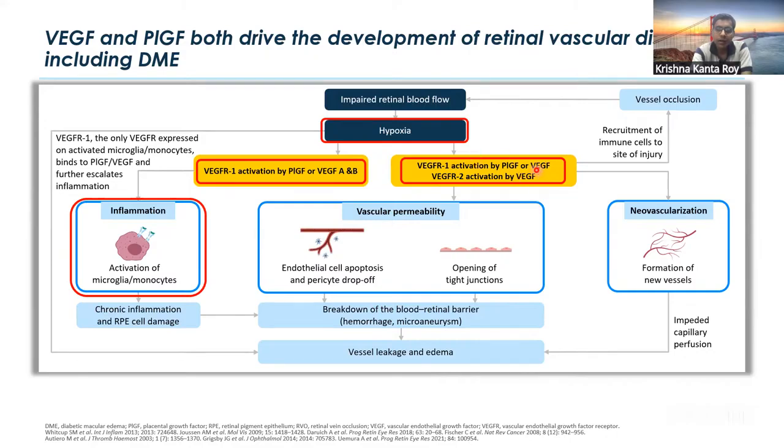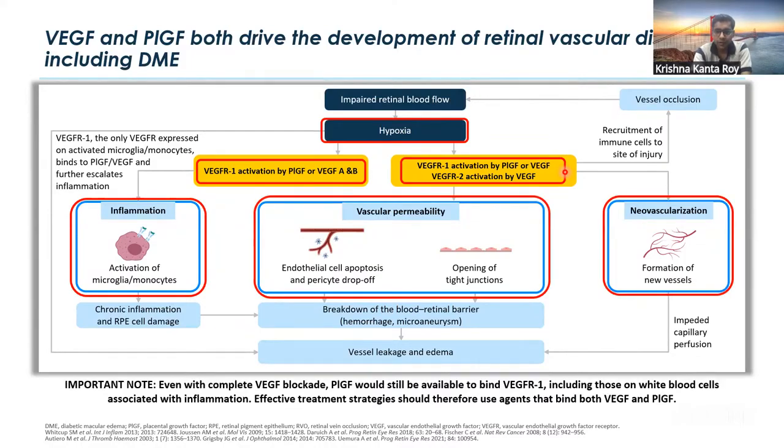Here, vascular endothelial growth factor A and B are working, along with placental growth factor, for this mechanism. Sometimes, if we block vascular endothelial growth factor with an anti-VEGF agent, placental growth factor is still available to bind vascular endothelial growth factor receptor 1, and this can promote the inflammatory process.